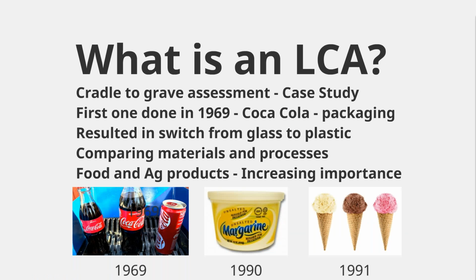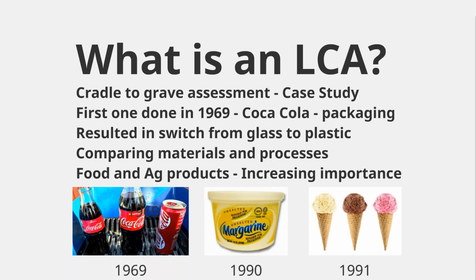So what is a life cycle analysis? It's basically a cradle to grave assessment, or a really intense case study, all about one product and everything related to how to build that product, grow that product, or even everything related to the supply chain if you're going as far as certain products that you saw on the previous slide. The first life cycle assessment was done in 1969, believe it or not, by Coca-Cola, and they were looking at the environmental impact of their packaging.